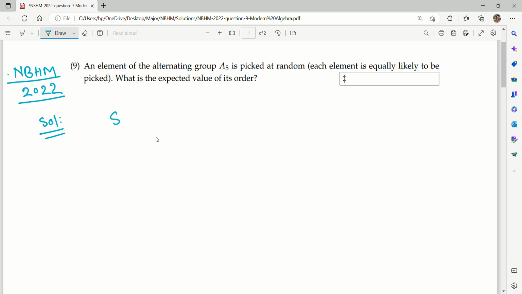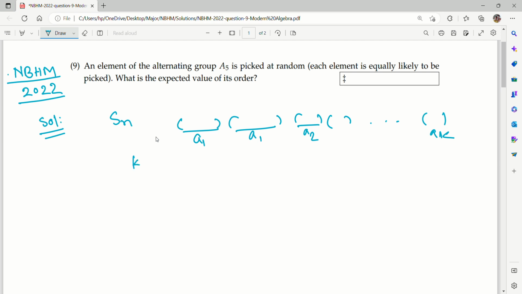So we take Sn. Let us say an element of Sn has a particular cycle composition type, with cycle lengths a1, a2, and so on up to ak.